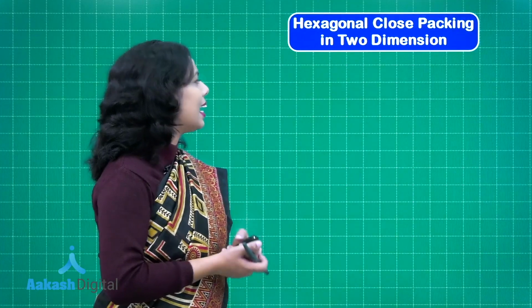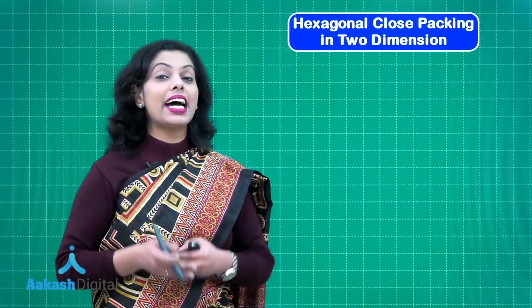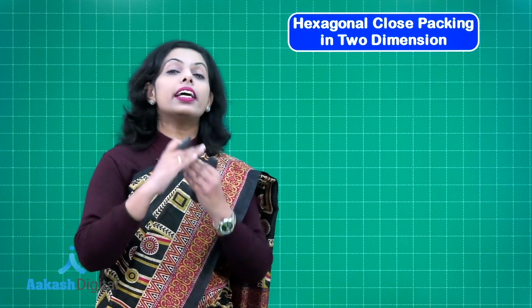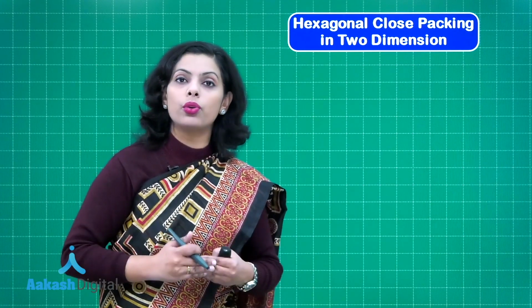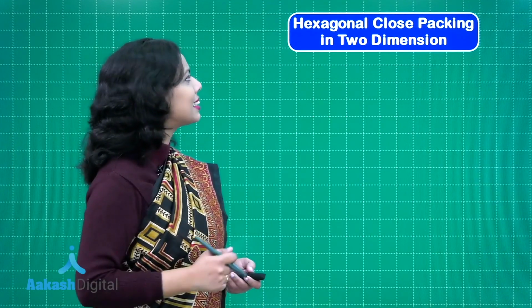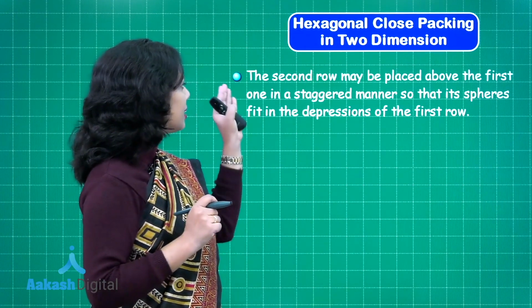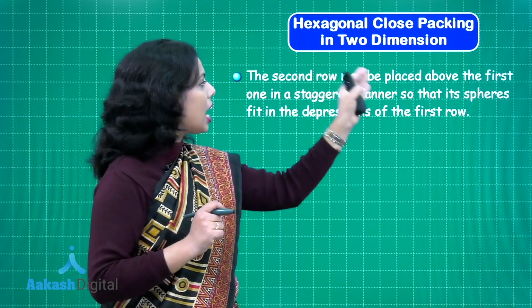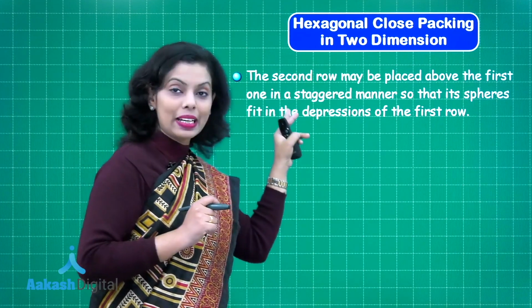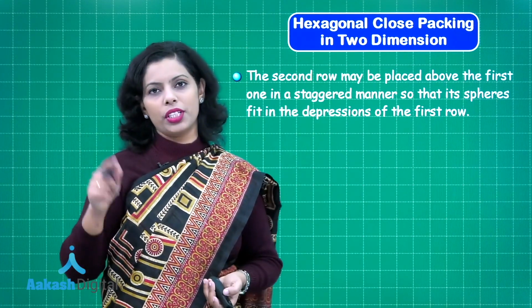After this, here is the hexagonal close packing in two dimension. We already discussed that if you place the second row in the depressions of the first row, then you will obtain another type of close packing in two dimension, and that is termed hexagonal close packing in two dimensions. So you can define it as: the second row may be placed above the first row in a staggered manner so that its spheres fit in the depressions of the first row.